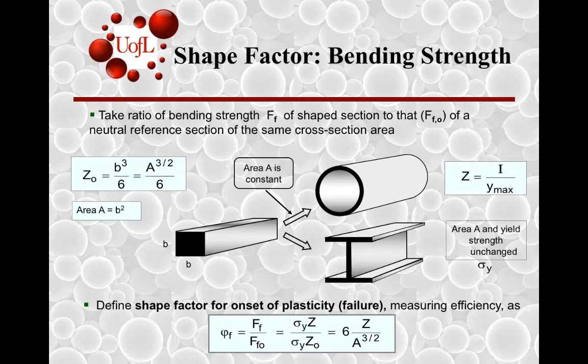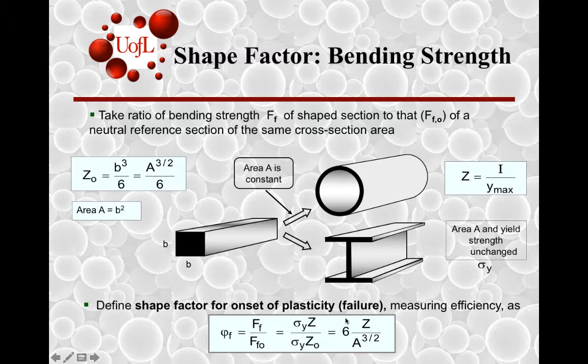And so the shape factor for a strength limited design in the bending form of loading can be defined as the ratio between the bending strengths for the new shape to the reference, the original shape, which is a square cross section. So in this particular case, it is the failure strength for the material times Z divided by the failure strength for the material times the reference moment Z naught.